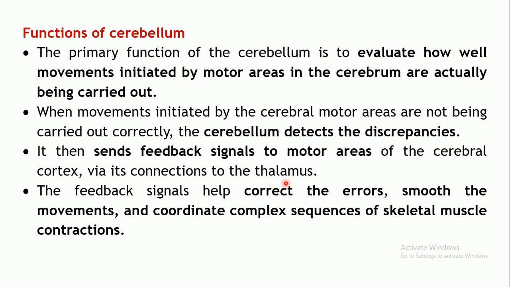These feedback signals will help in correcting the errors of the movements, or to smoothen the movements, or coordinate some complex sequences of skeletal muscle contractions. So if there is anything wrong, it will help in correction. So the cerebellum is generally monitoring the movements which are initiated by the cerebral cortex, whether they are going proper. If not, it will send a signal that something is not correct and needs to be corrected.